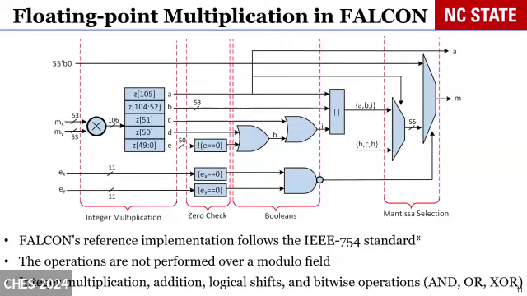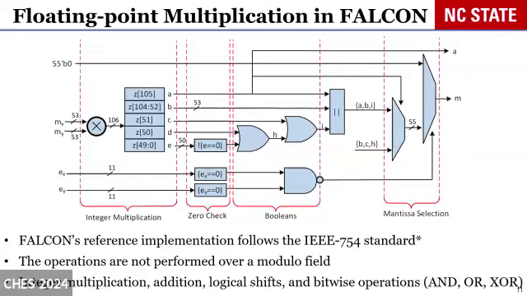So what about Falcon? Here is the simplified version of the floating point multiplication in the Falcon algorithm. You also have exponent parts and the sign computation, but the figure here just reflects the mantissa multiplier part, where you start with the two 53-bit inputs, and you have a multiplier there.